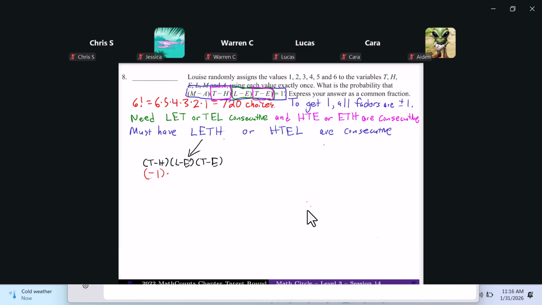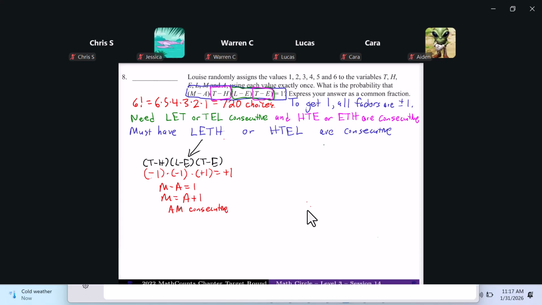If L is less than E, this would be -1. And if T is bigger than E, this would be +1. So I'm going to get a +1 from this. And that tells me that my M minus A is equal to +1, or my M is equal to A plus 1. So that tells me that A and M are consecutive.